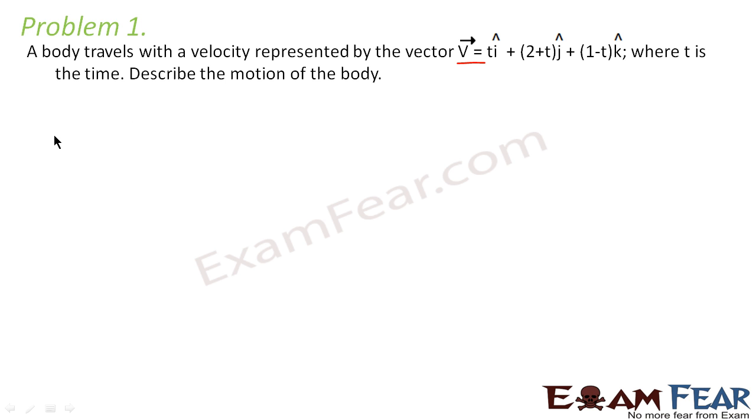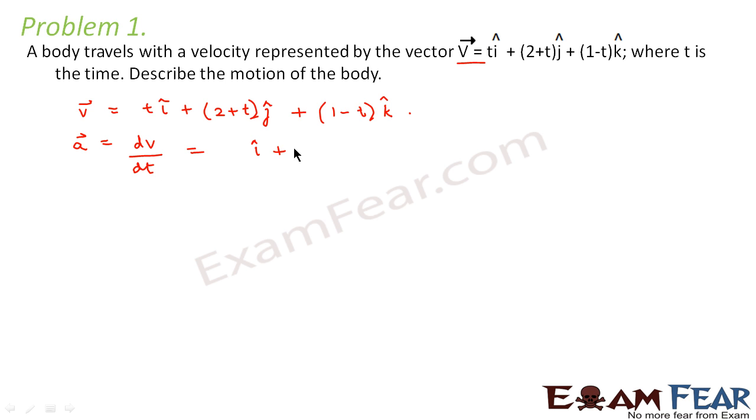Now, since we know velocity is given as t i cap plus (2 plus t) j cap plus (1 minus t) k cap, let us try to find out the acceleration. What would be acceleration? This is equal to dv by dt at any instant of time. So this will be equal to i cap plus j cap minus k cap.